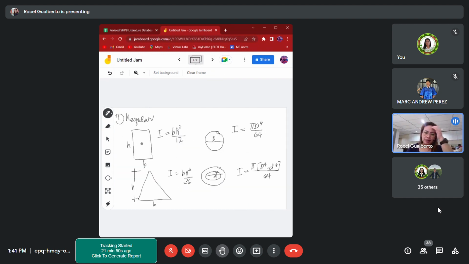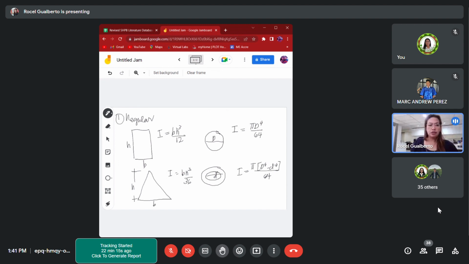It would be a line that would divide our cross-section into two in such a way that it will pass through the centroid of our cross-section, and at the same time, the weight of the part above would be the same as the part below. So that is our neutral axis.